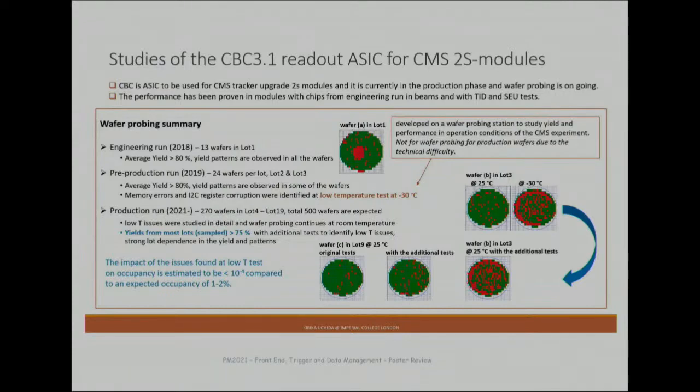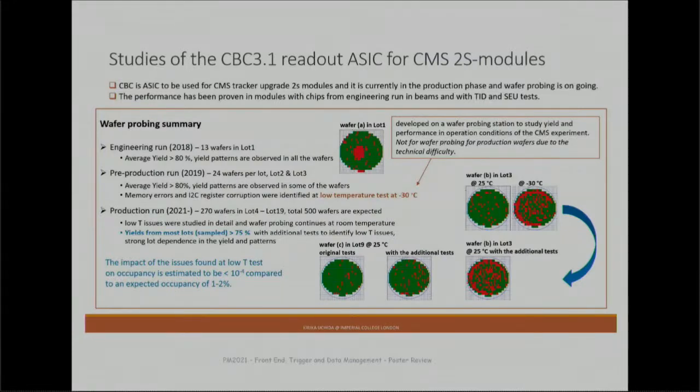We come to ASICs and ASIC testing, and this is an interesting example from CMS. It's the CBC3 chip, which is connected to the 2S modules in the trigger of CMS.